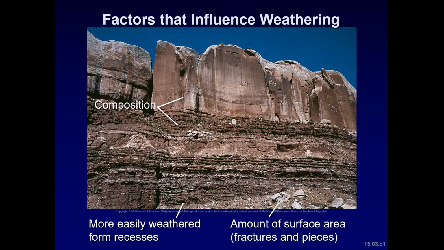And then the amount of surface area matters too. Rocks broken into smaller pieces have more surface area on which chemical weathering can act. And then discontinuities can assist with more rapid weathering in terms of fractures and breaks between beds.